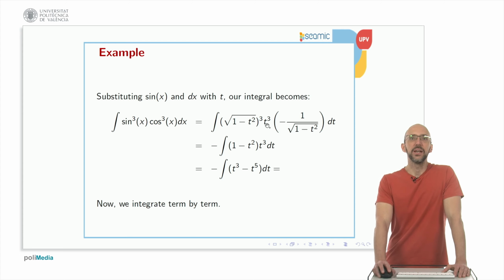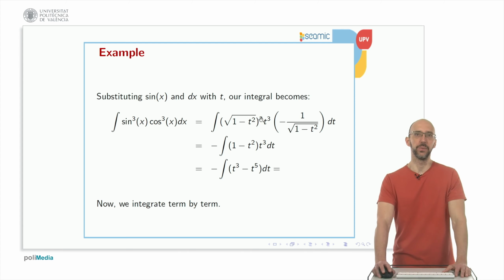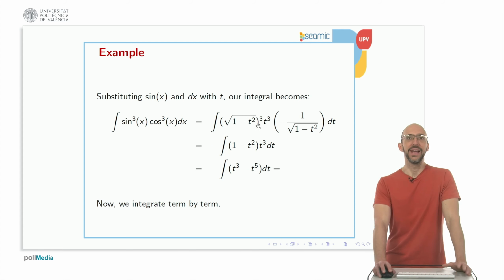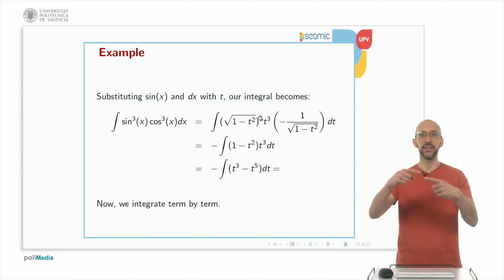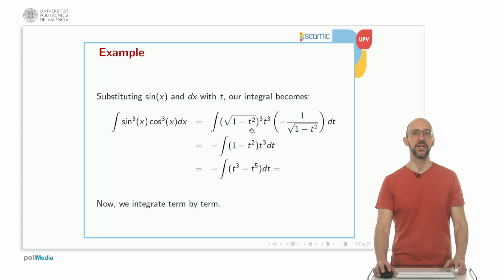The square root in the denominator simplifies with one of the numerators. I have 3 square roots in the numerator, so 1 disappears, leaving the square root squared, and the square and the square root cancel each other. The only thing left is 1 minus t squared. The negative has been written outside.